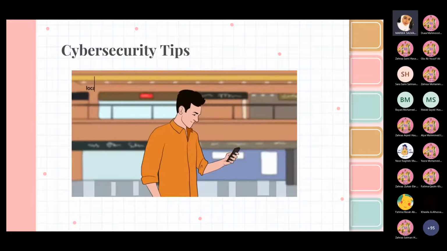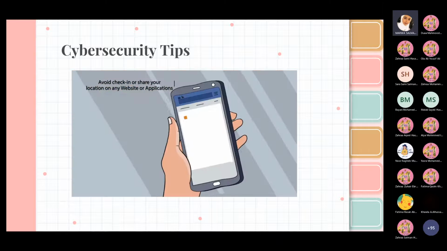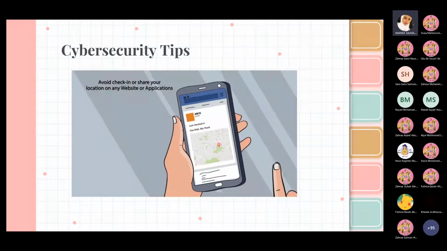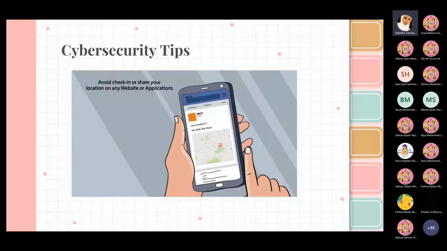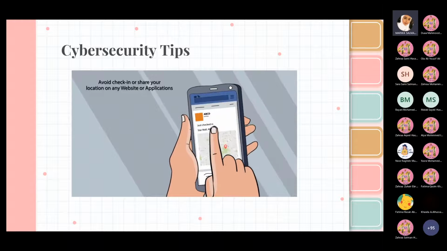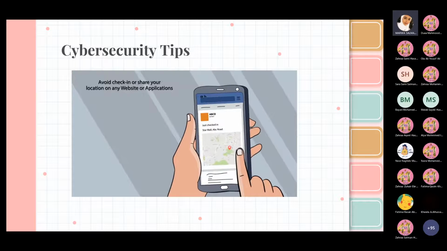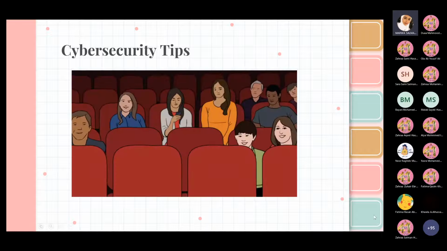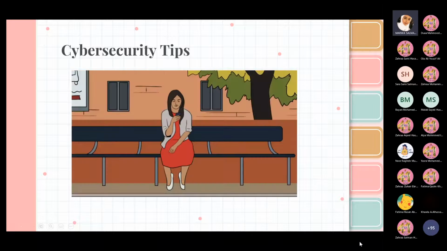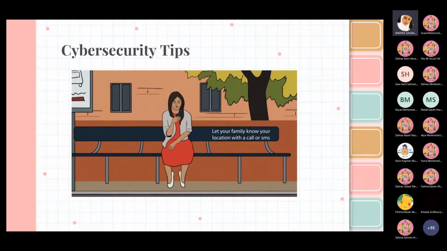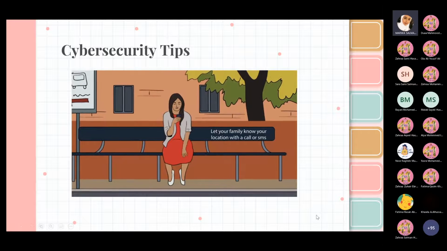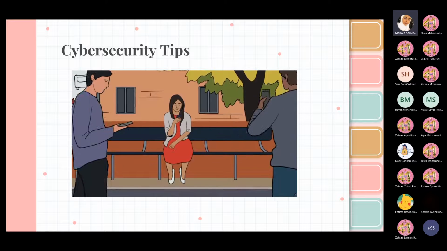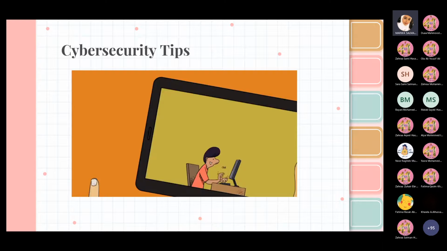Also avoid check-in to any place on Facebook or any social media website or applications which reveals your location. Predators can track your location and may hurt you and your family. Wherever you are, wherever you go, with your family or alone, let your family know your location with a call or an SMS to avoid any unfortunate event or situation.